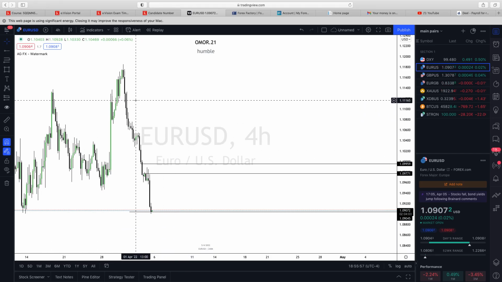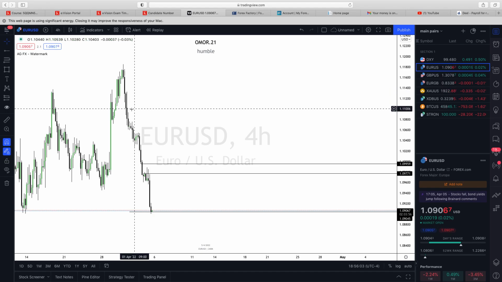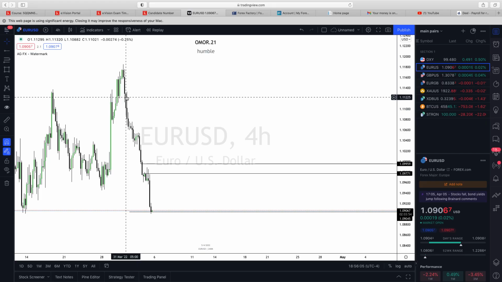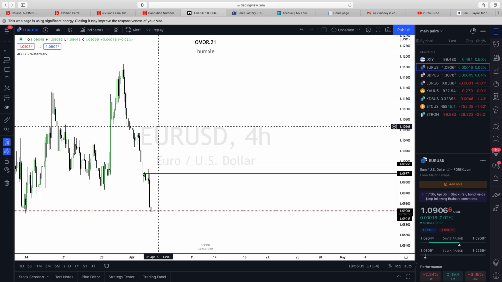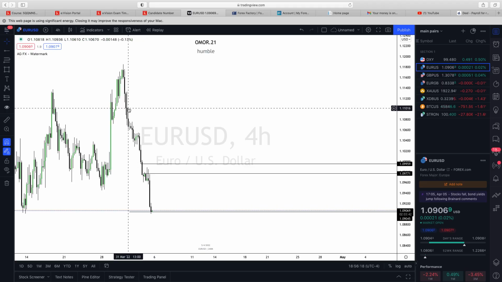Let's consider this candle. Yeah, I wanted to focus on these three candles. This one, and this one. You see this candle, right?